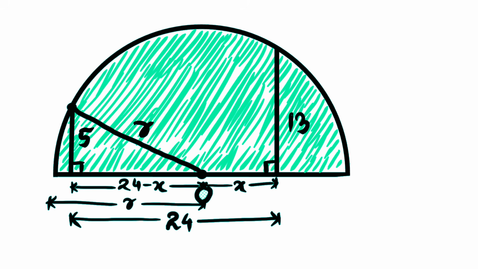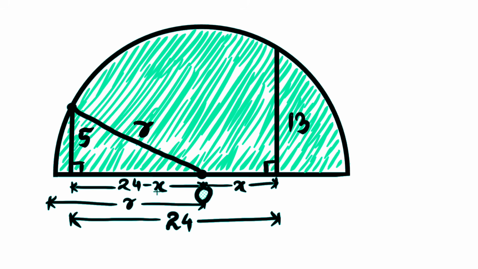Look carefully at the triangle on the left. We have a right triangle because the vertical segment is perpendicular to the diameter. Its height is 5 units. Its horizontal base is 24 minus x, and its hypotenuse is r.